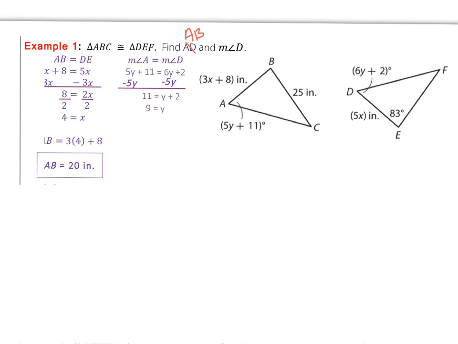And then I substitute the 9 back into the equation for the measure of angle D. So 6 times 9 plus 2 results in an angle measure of 56 degrees. So we used our CPCFC property and definition to set up and solve for these two measurements.